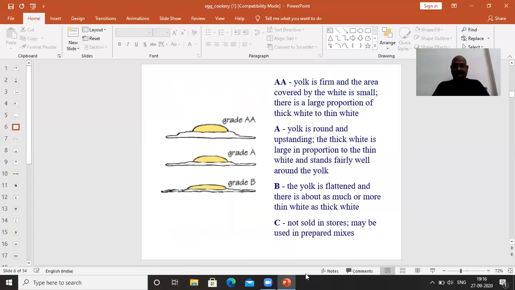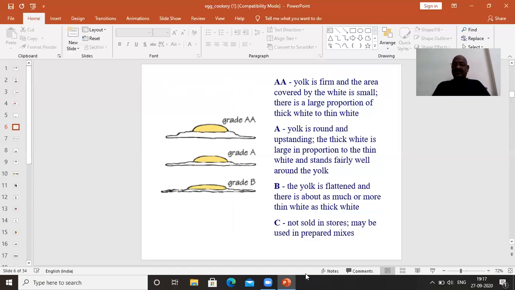See here, in A category, when you break the egg, the yolk and egg white stay stiff. When you break a B category egg, the egg white and egg yolk disperse separately. That means the water content is more in the egg white.